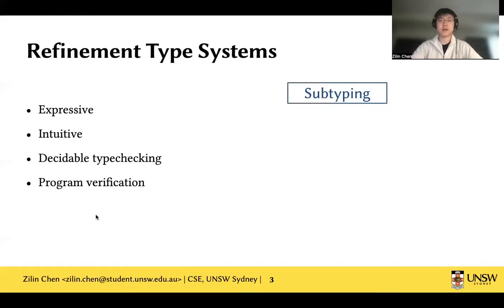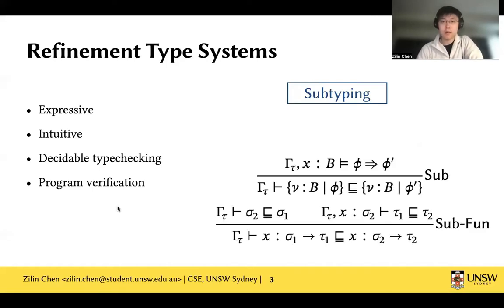Technically, sitting at the core of a refinement type system is the subtyping. Traditionally, subtyping can be defined using these two rules. The sub rule says if one type is a subtype of another type, then they must have the same base type B, and the refinement predicate in the smaller type implies that of the larger type.